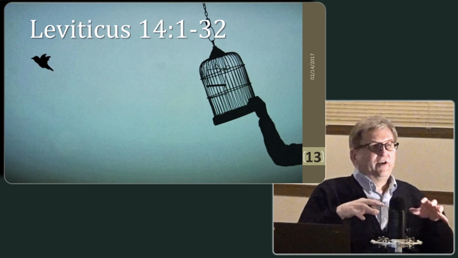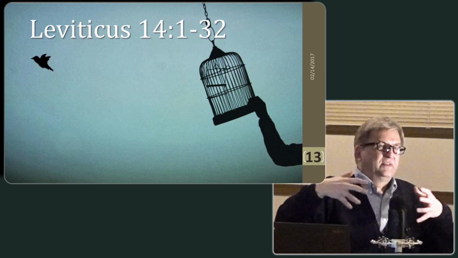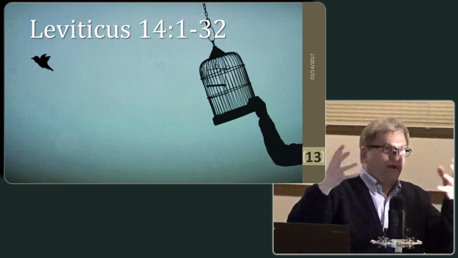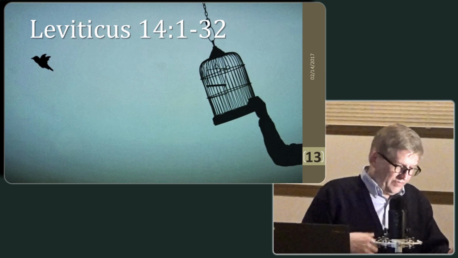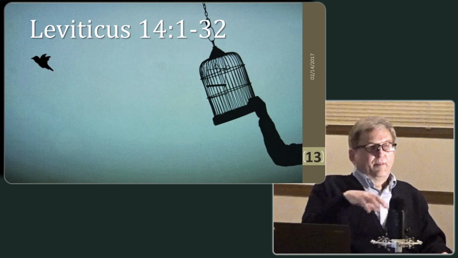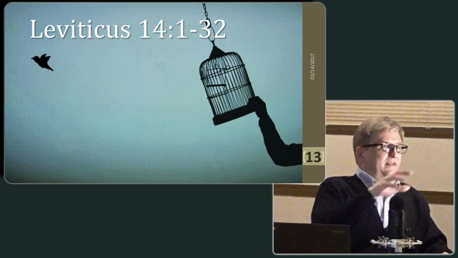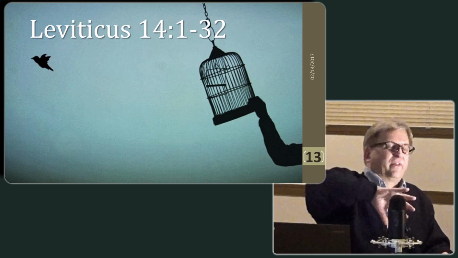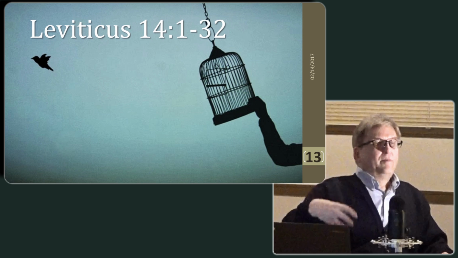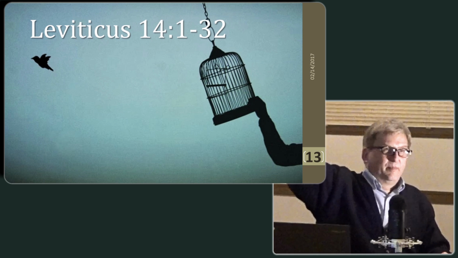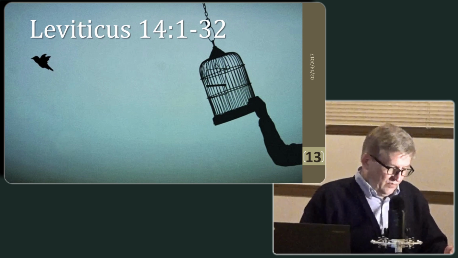And at the same time, we know that in this world, all the bad things and diseases and sicknesses and everything somehow can be traced back to the fall of man and the sin that's in the world. And so maybe the person is affected and the house is affected and the clothes are affected, all sort of for the collective sin of mankind in the world. And in that sense, there's a removal of sin by sending the bird free into the world.